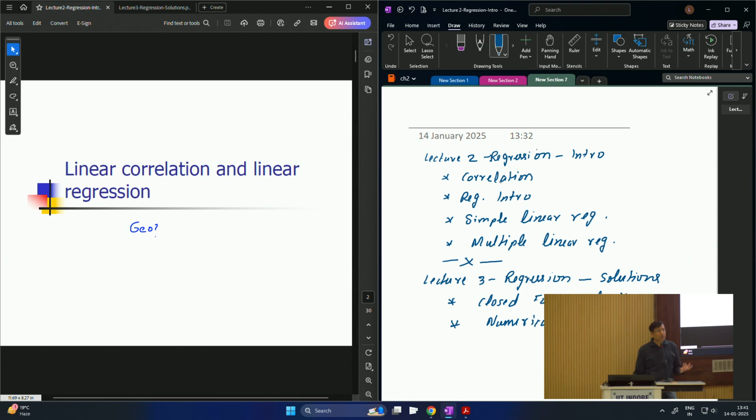What is the difference between correlation and regression? All blank? You don't remember a thing? So correlation is where there is no relation between the two sets of variables you are trying to analyze or process. Regression is where one is the independent, other is the dependent variable. That is what we told last time.